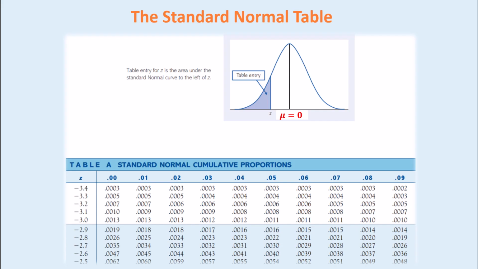Now let me talk about the standard normal table. The table has two sides. The first column on one side contains negative numbers, while the first column on the other side contains positive numbers. At the top of the table, you will find the density curve of the standard normal distribution.